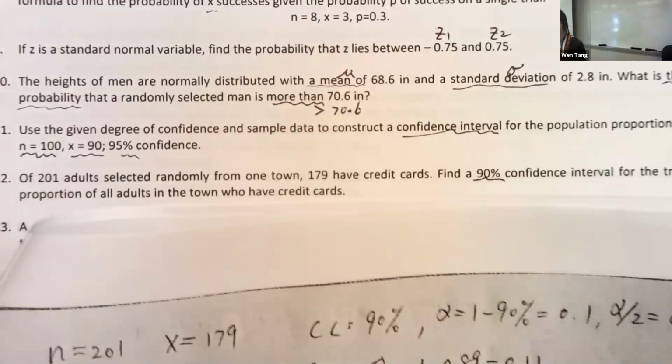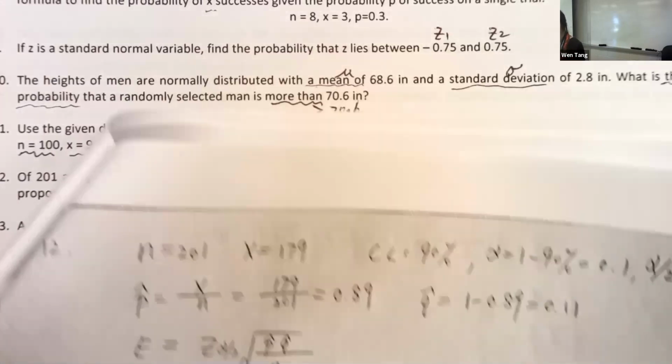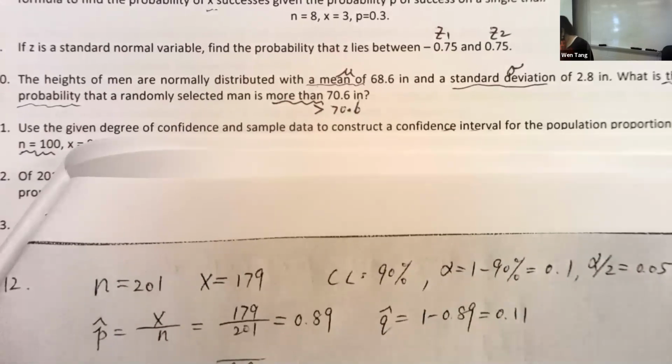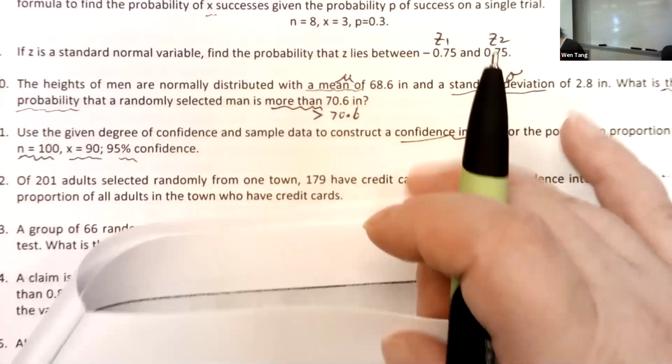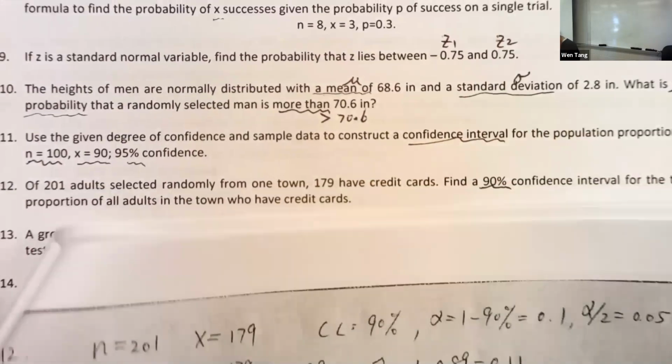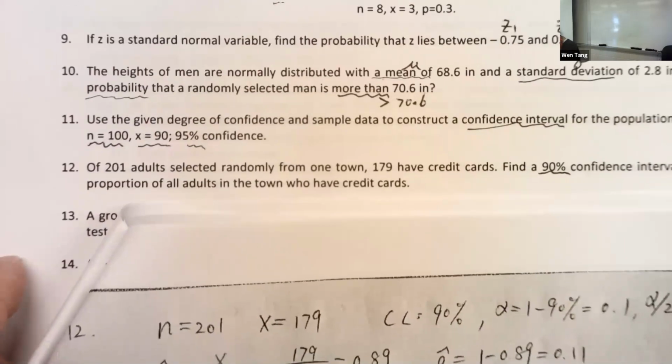First, we're going to use the information to get the p hat value. So here, from the original question, we know 201 adults were selected randomly from one town. So that's the total number we have, right? 201 adults.